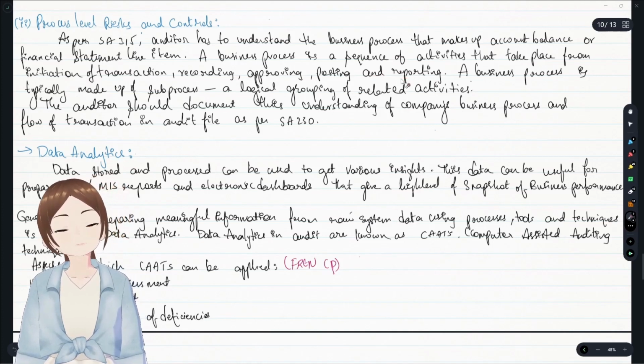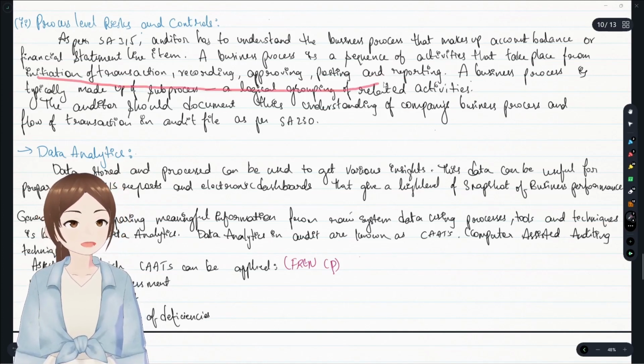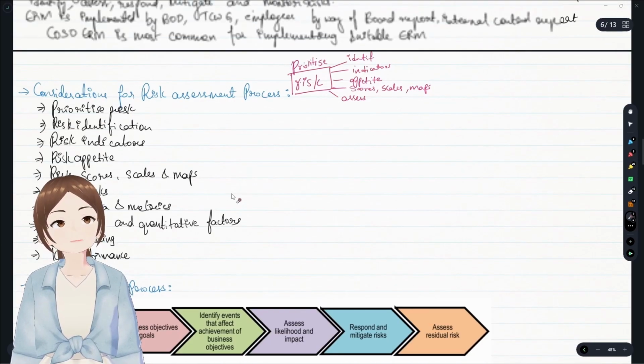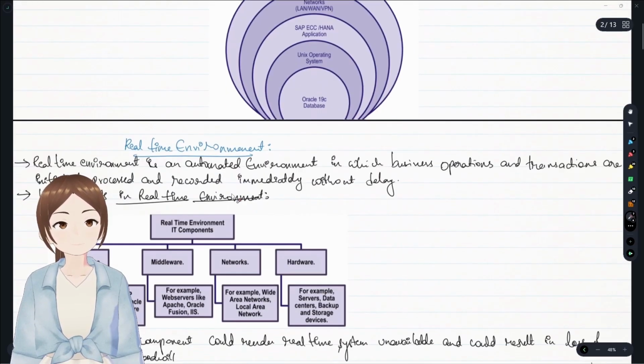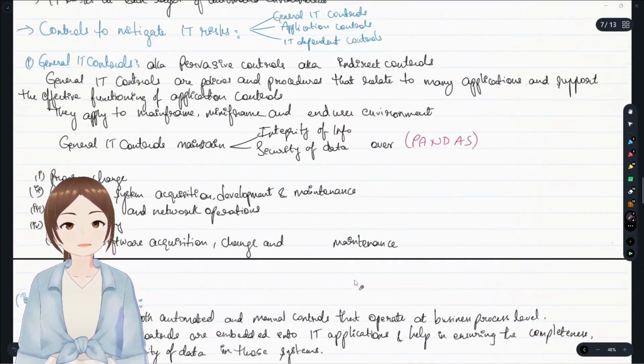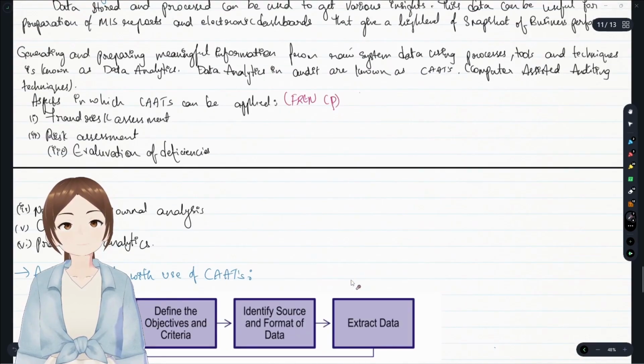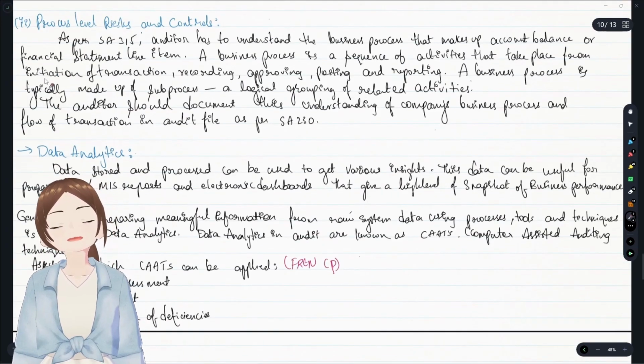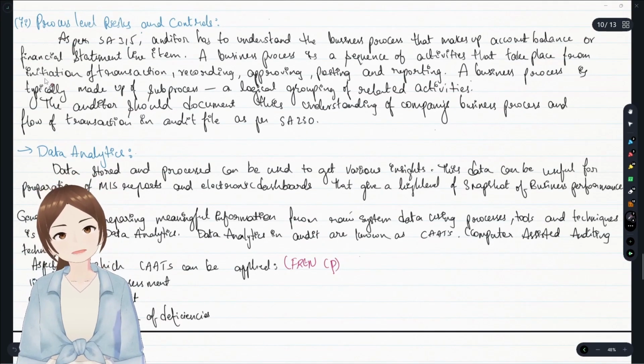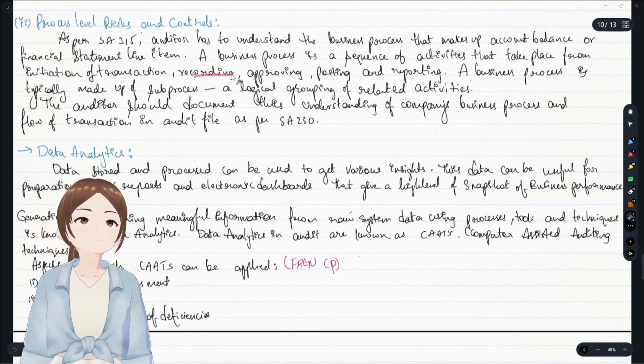For the real-time environment, we have seen a similar series of events, like initiation, process, and record. Here they are saying it in a slightly different way, but mostly the same: initiation, recording, approving, posting, and reporting.